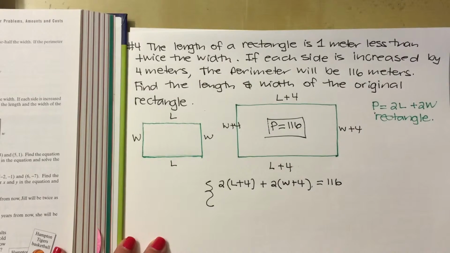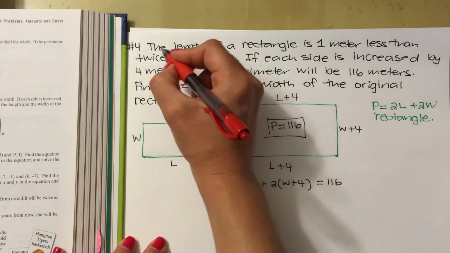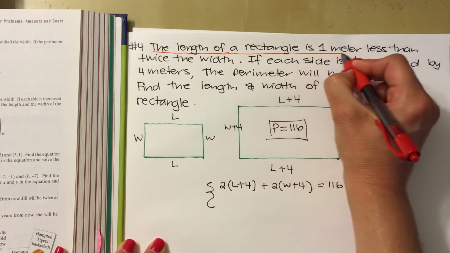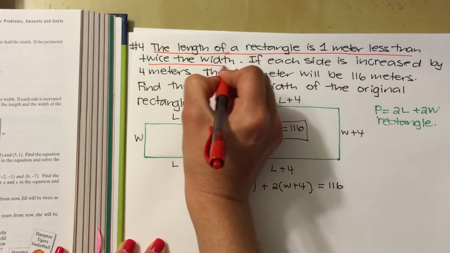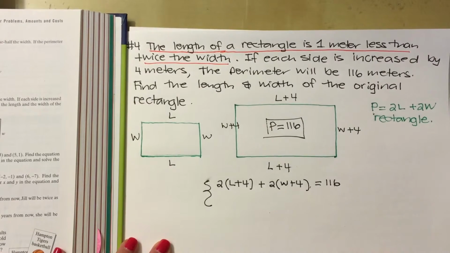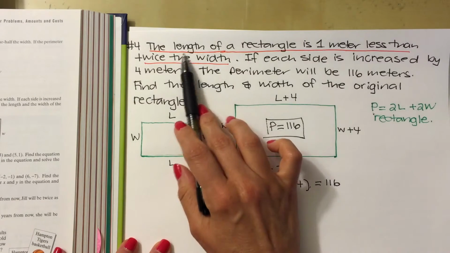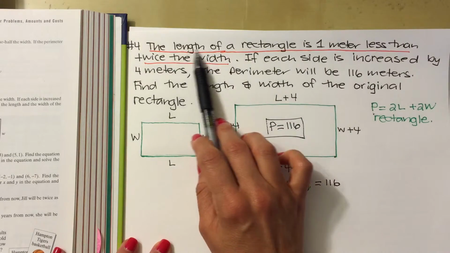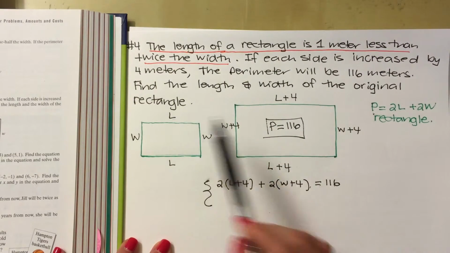How do I get the second equation? Remember I said we have to translate this sentence into an equation. That's where the second equation comes from. It says the length of a rectangle. So this is the length of the original.